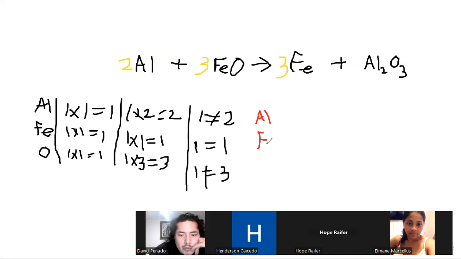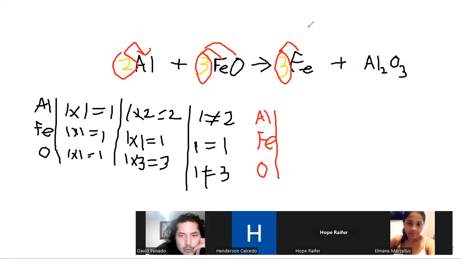Al, Fe, O. So over here is 2 times 1 equals 2. 3 times 1 equals 3. 3 times 1 equals 3.